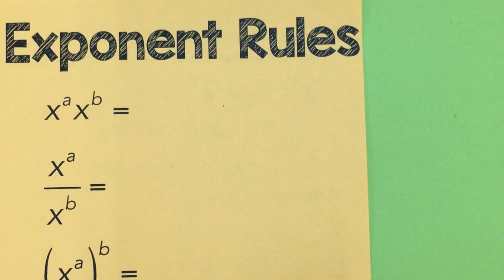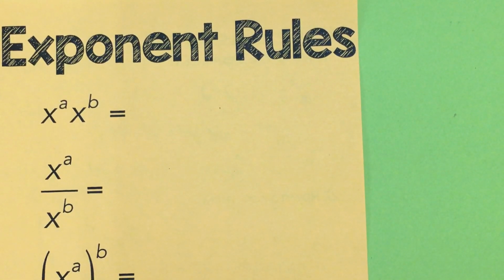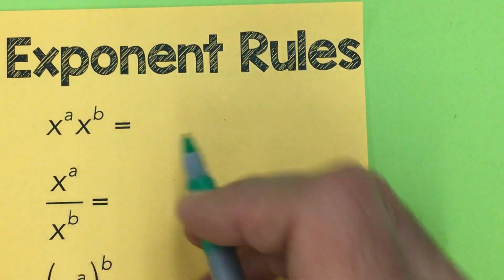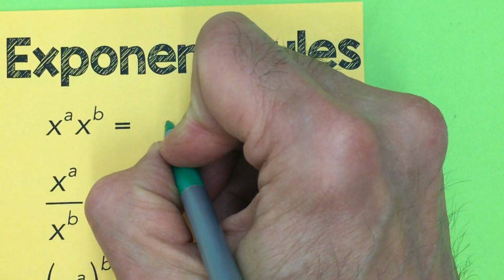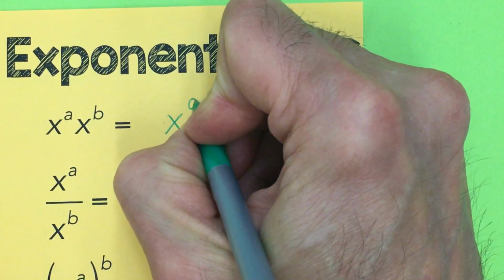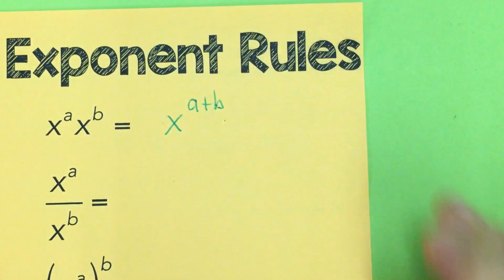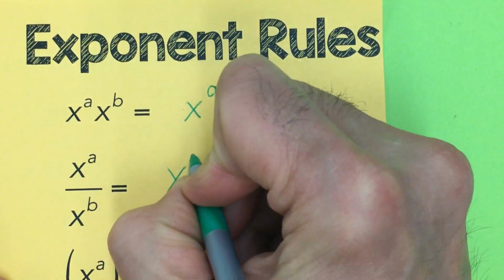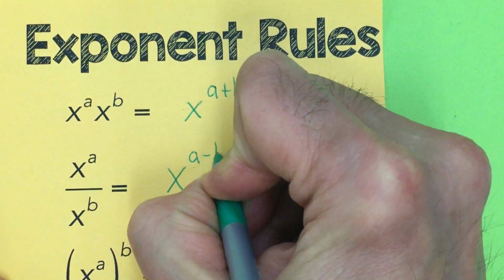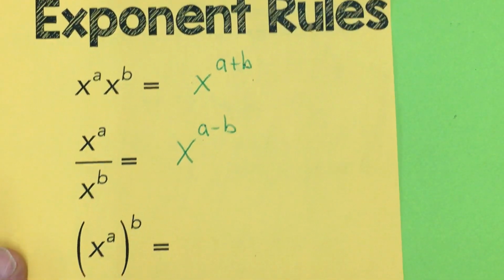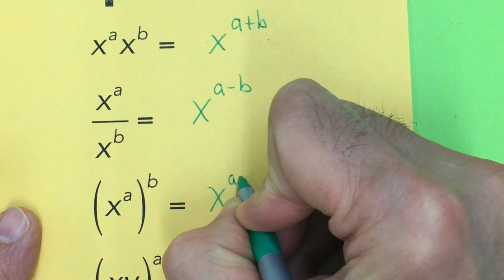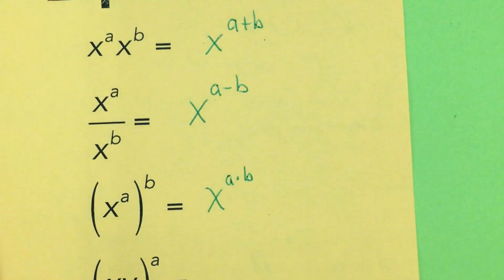We're just going to quickly write down the rules. When you're multiplying bases, you add the exponents. So x to the a plus b. Dividing, you're subtracting the exponents. Power of a power, you're multiplying the exponents.